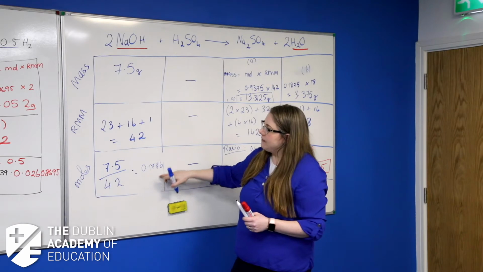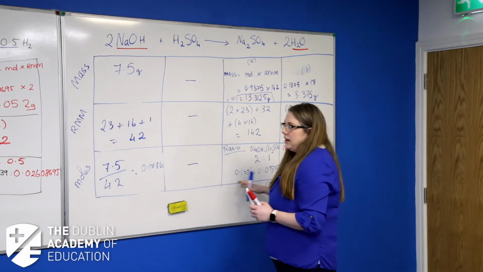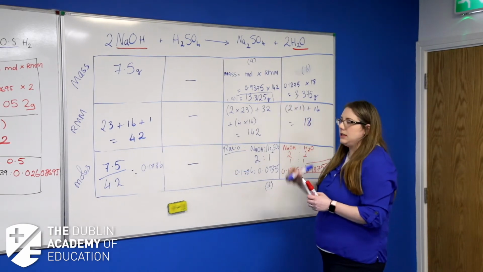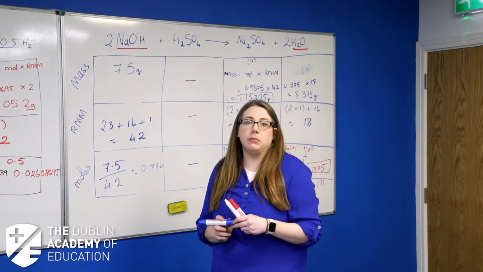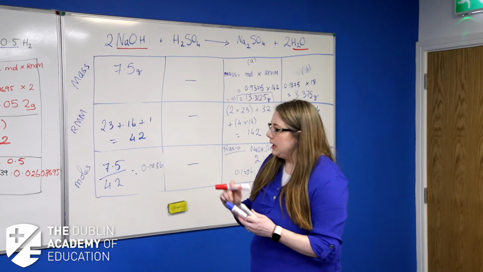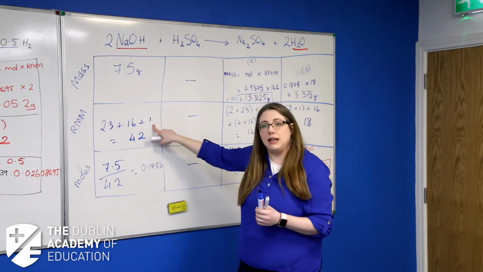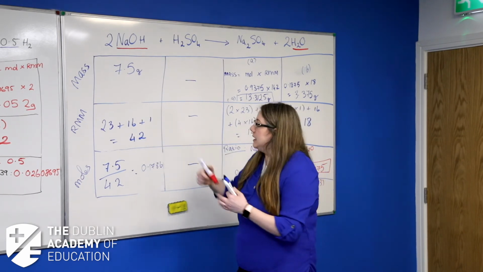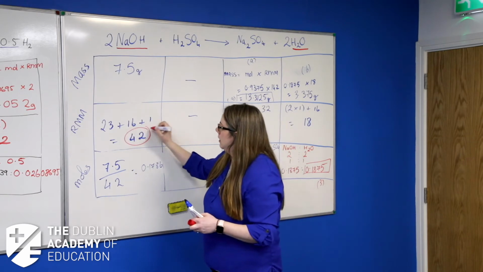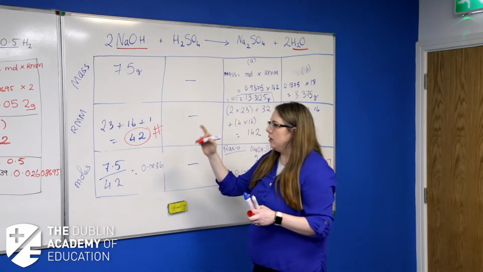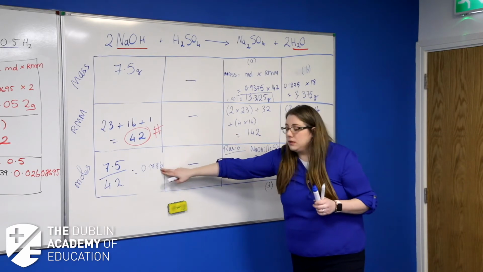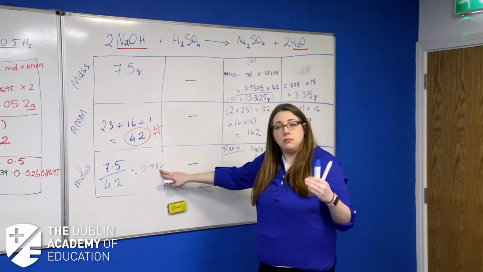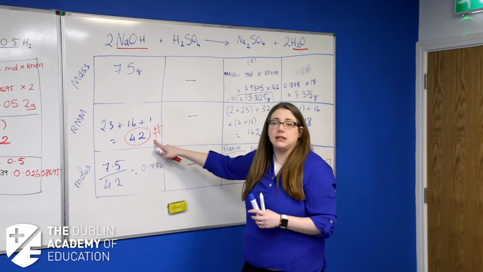Now, in this scenario, yes, your final answer will still be wrong, but now you've only lost 1. You will get 11 out of 12 marks, because your examiner can look here and see where your mistake was. So if I was correcting this, I would just go like that, and you would still get 11 out of 12 marks. No, your number of moles is not correct, but that doesn't matter. Your method is fine, and I can see where the mistake was.